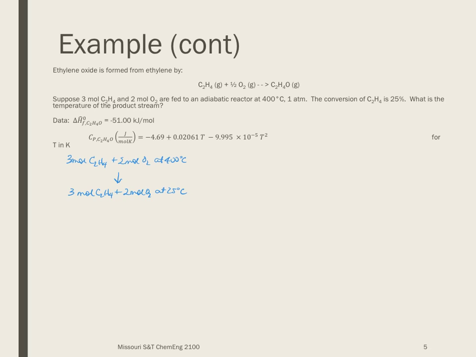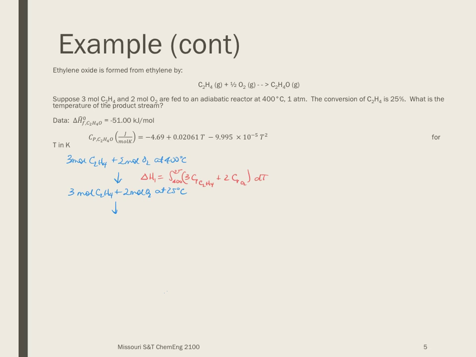Okay, I'm going to calculate that energy using delta H, and I'll number this one 1. It's going to be the integral from 400 to 25, 3 times C sub P of C2H4 plus 2 times C sub P of O2 dT. Now the next piece of this is going to be the reaction.